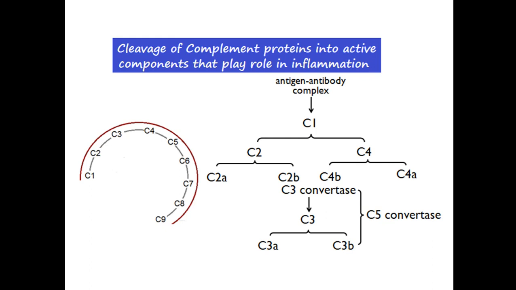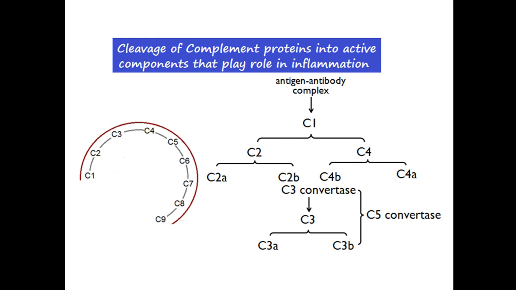The C2 is broken into C2A and C2B. Similarly, the C4 is broken into C4B and C4A. Now, one component from the C2, the C2B, and one component from the C4, which is C4B, combine to form the C3 convertase.